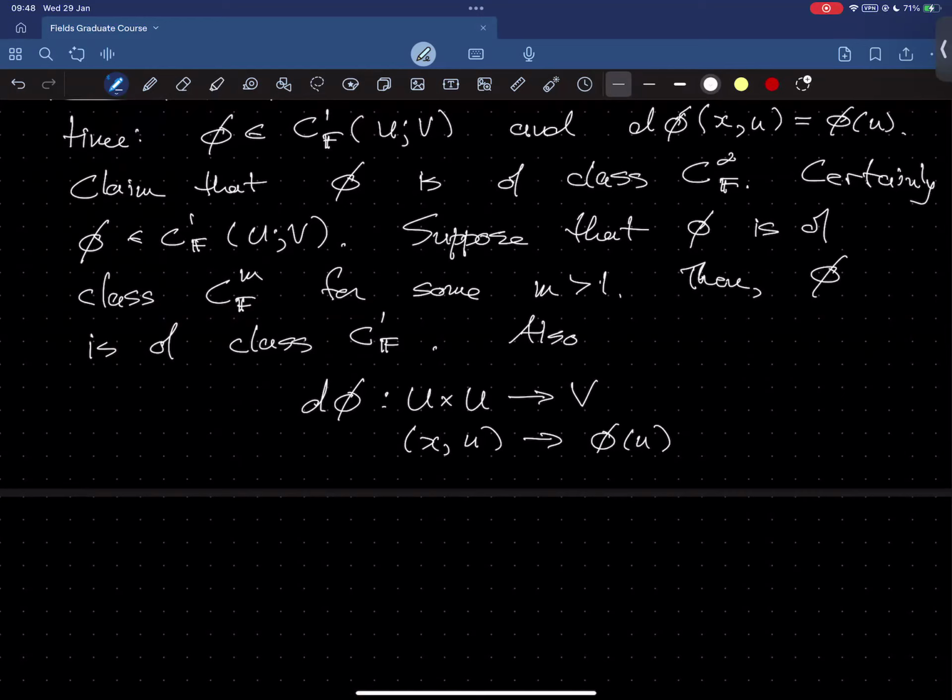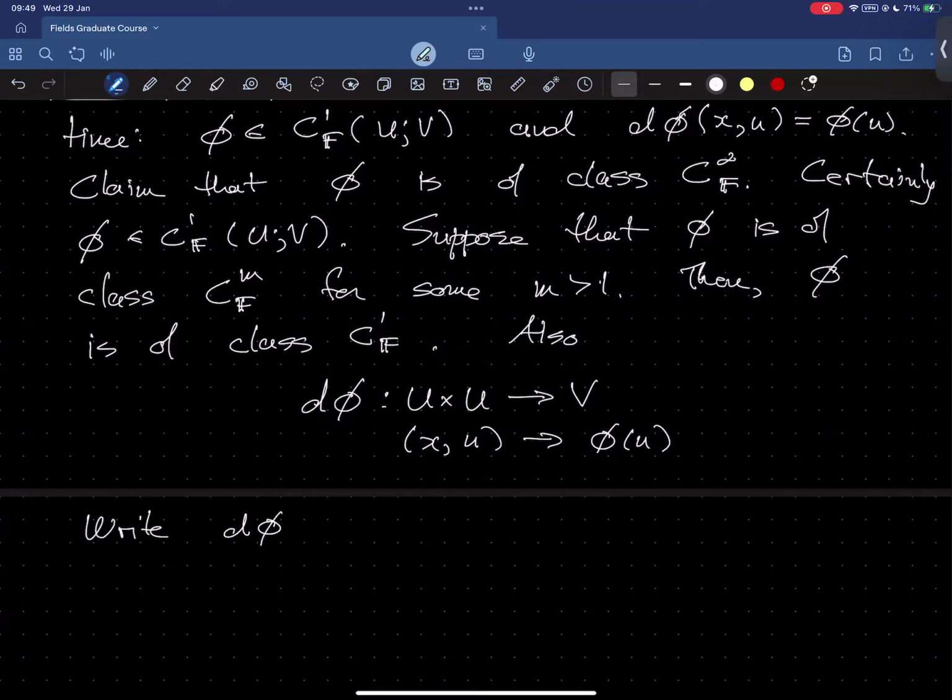All right. So what I need to show is that this thing is of class C^m, and if I show that it's of class C^m, then it follows that phi is of class C^(m+1).